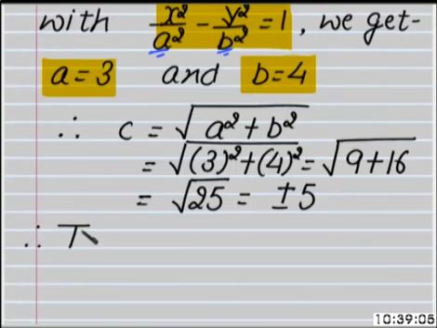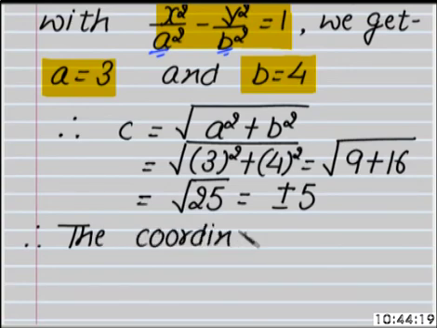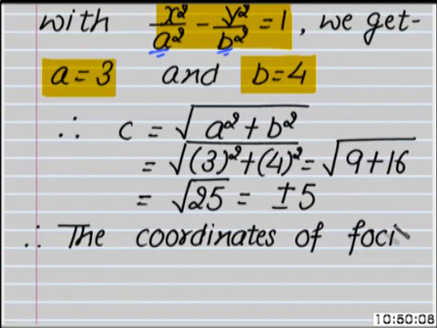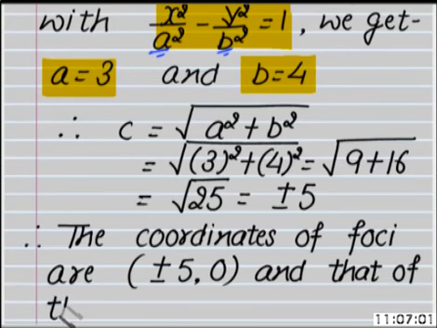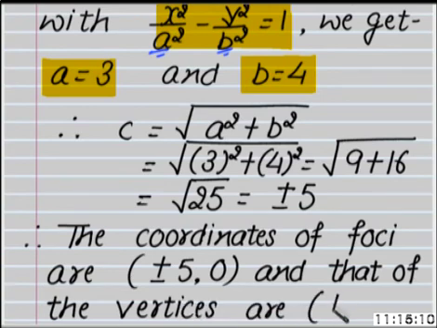Therefore, the coordinates of the foci are plus minus 5 and 0, and that of the vertices are plus minus 3 and 0.